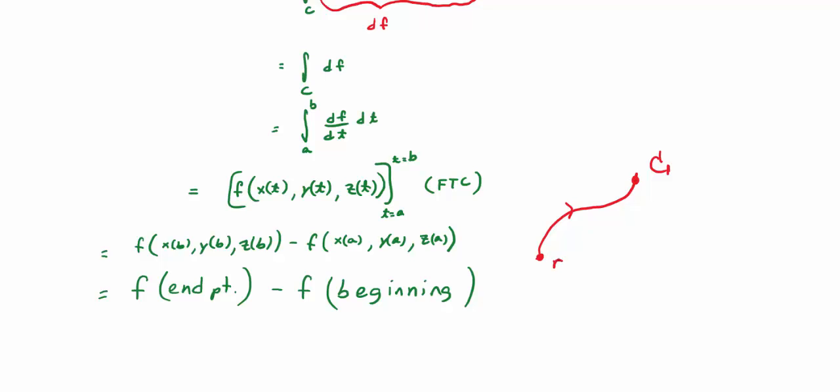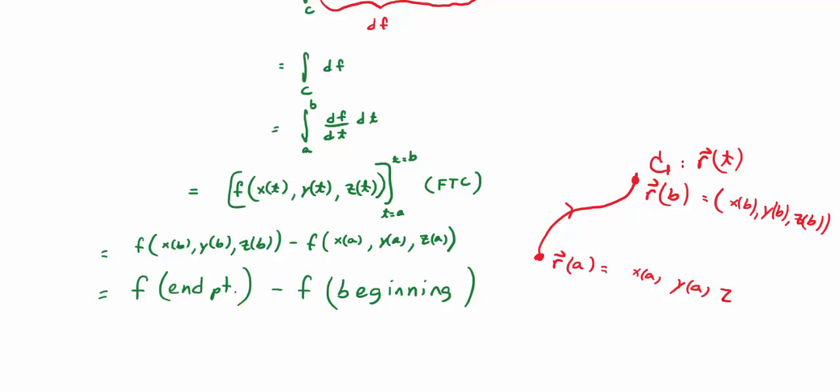If C is represented by a vector valued function r of t, then this beginning point might be r of a, and this end point might be r of b. But remember, r of b is just x of b, y of b, z of b. And r of a is just x of a, y of a, z of a.